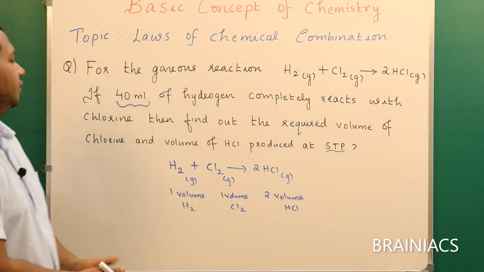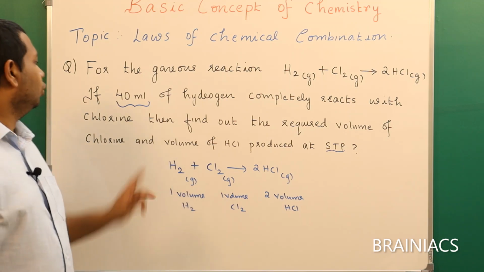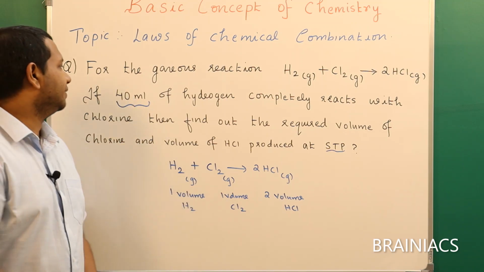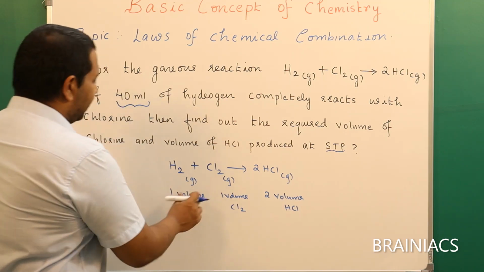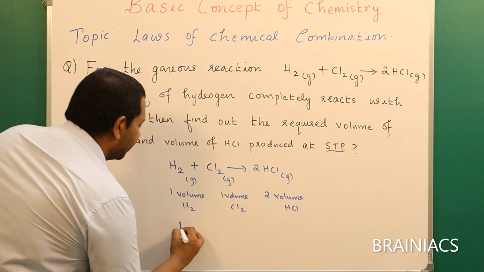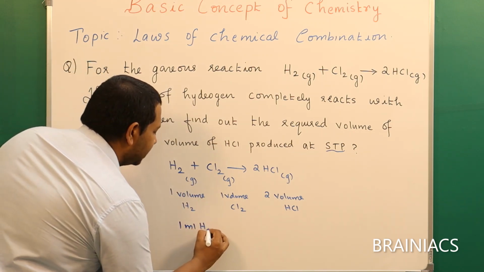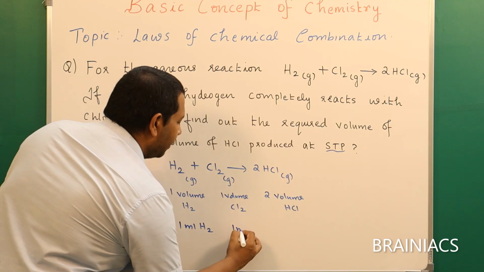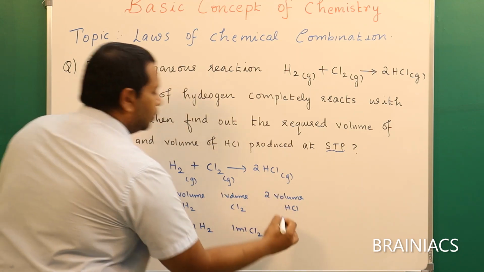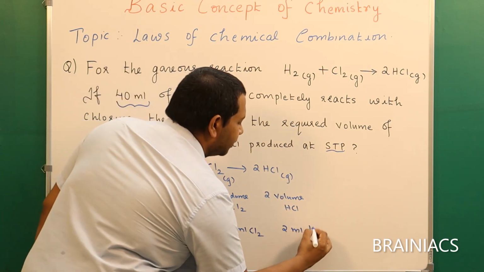Now the question here is how I should take volume. I will take it as ml, so I directly replace volume by ml. Then I can write 1 ml hydrogen needs 1 ml chlorine to produce 2 ml HCl.